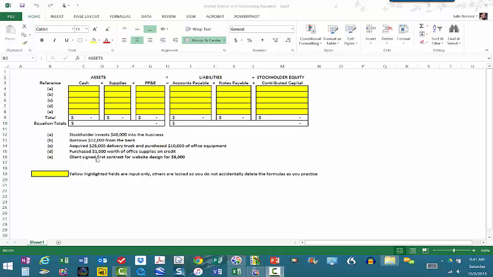So let's start with example A, where a stockholder invests $40,000 into the business. Based on other videos that I have done, you know that we have to think about what accounts we are using. The accounts are given to you in this problem: cash, supplies, property, plant, and equipment, which is what PP&E stands for. We have accounts payable, notes payable, and contributed capital.